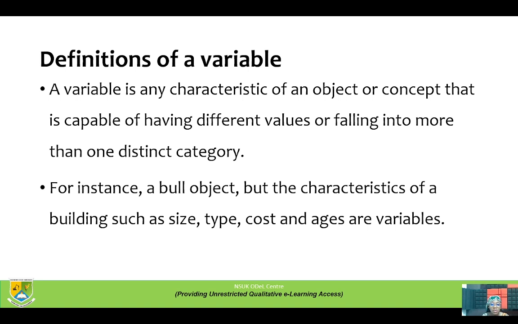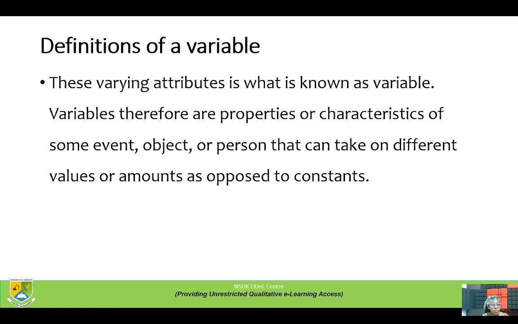A variable is any characteristic of an object or concept that is capable of having different values or falling into more than one distinct category. For instance, for a building, the characteristics such as size, type, cost, and age are variables.